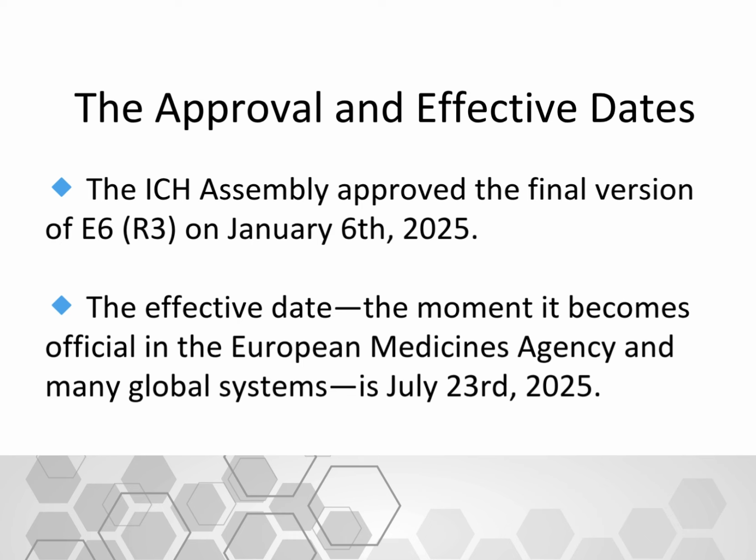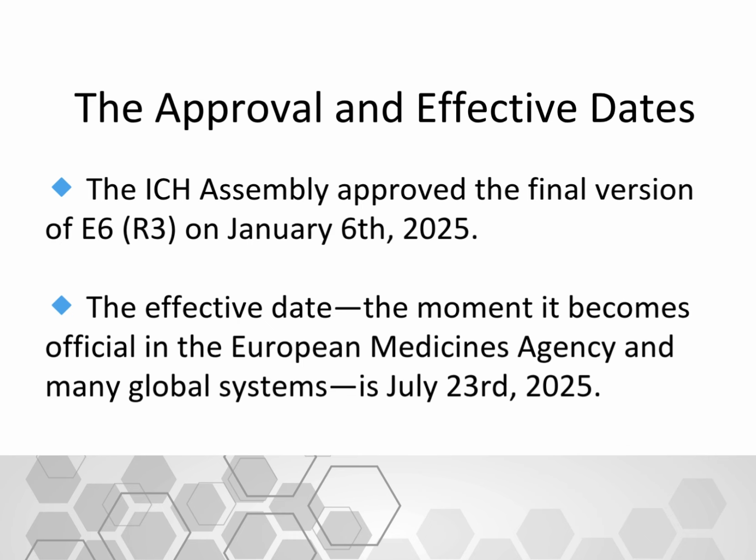As of today, July 17th, 2025, the day we're recording this tutorial, the guideline will officially take effect in just 5 days. So if you're in medical affairs, clinical development, or regulatory, it's time to get familiar, because E6 R3 isn't just an update. It's a shift in how we think about GCP.